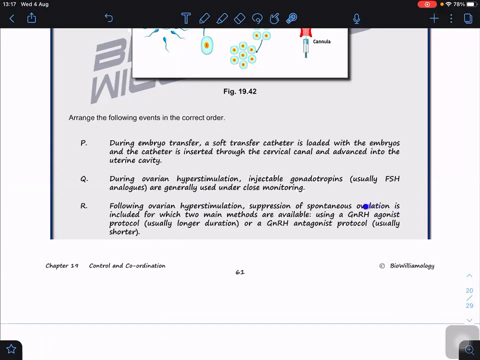Either you use a GnRH agonist, usually a long protocol, or a GnRH antagonist protocol, usually shorter. So if you want a longer protocol, then we use the GnRH agonist. If you use a GnRH antagonist, basically you block the GnRH receptor. Then you do not need to inject from the first day. You can inject after about 6 days of treatment.